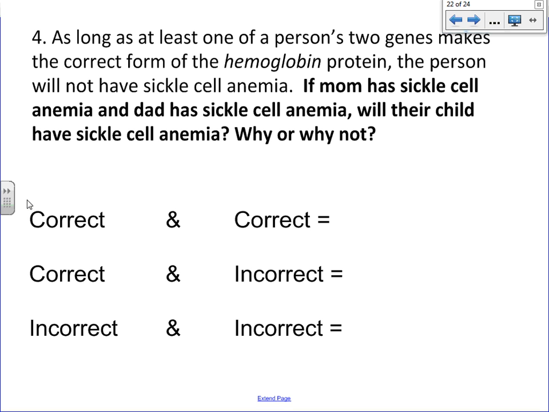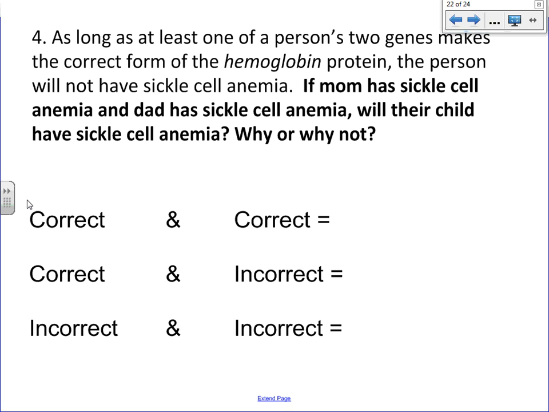So what we need to do is think about if you were this person in each of these three circumstances, what would happen to you? So let's take the first one. If you made the correct form of hemoglobin and you made the correct form of hemoglobin, would you have sickle cell anemia? Take a second and think about it. The answer here is you would not have sickle cell.